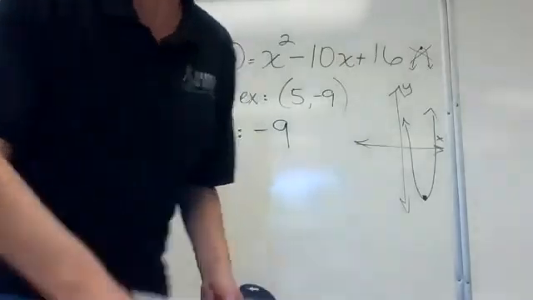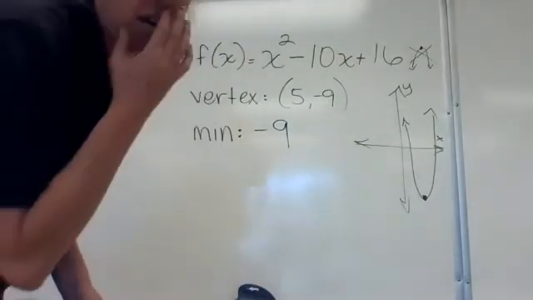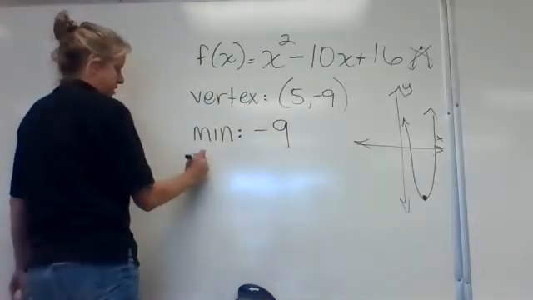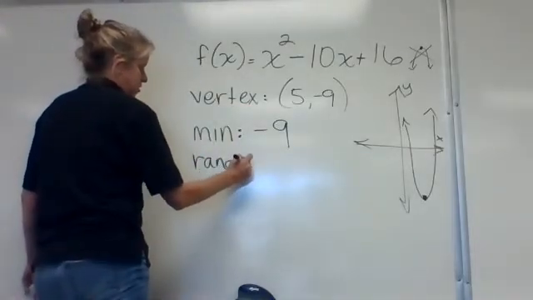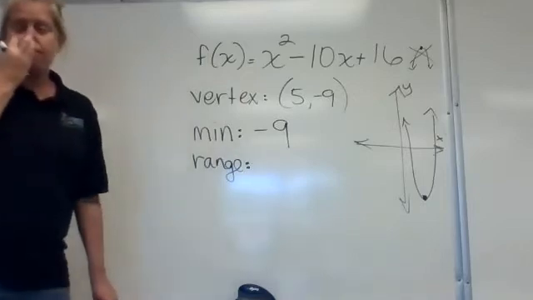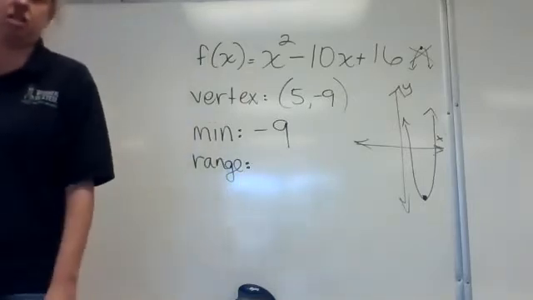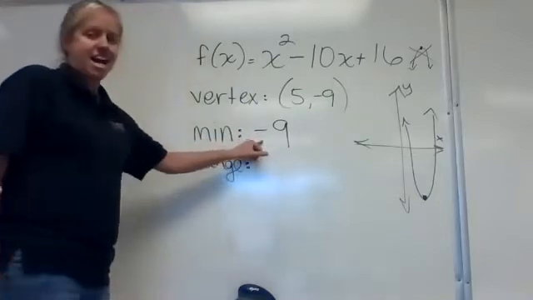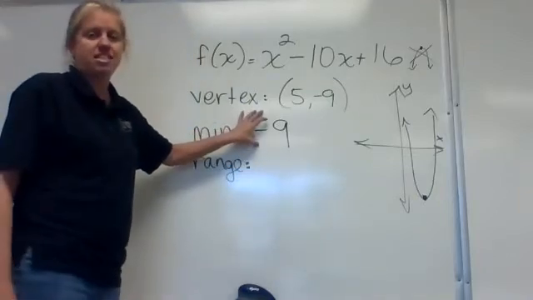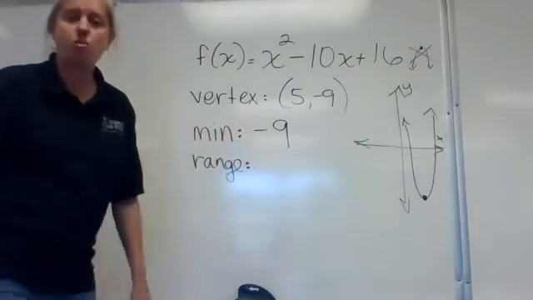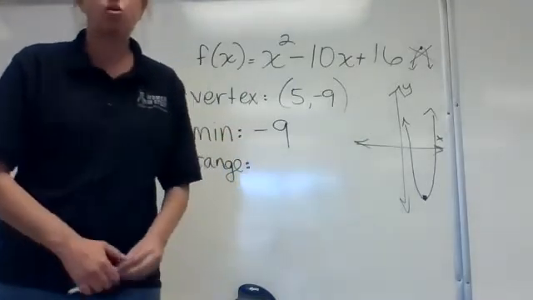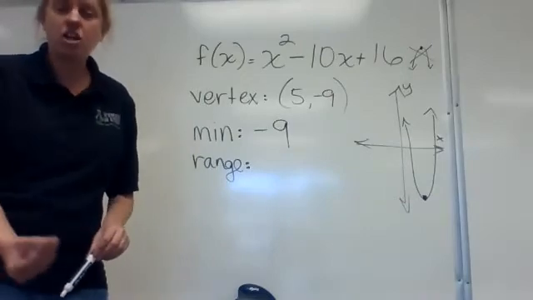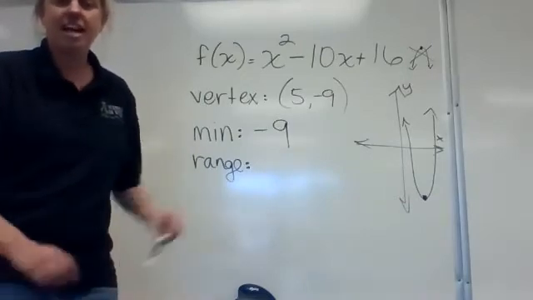Now, here's the new thing this problem is asking: what is the range of this parabola? The range of it is all the y values in this graph. What you just said in the part right before this is that the minimum, or in other words, the very lowest y value, where the y values start, is -9.